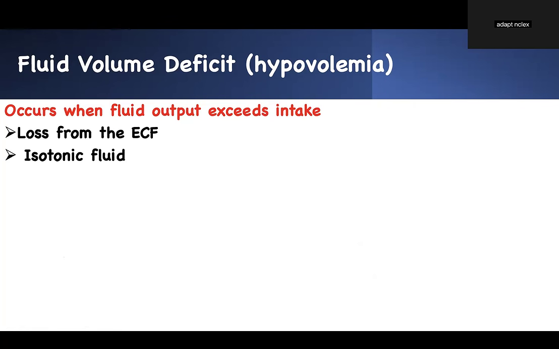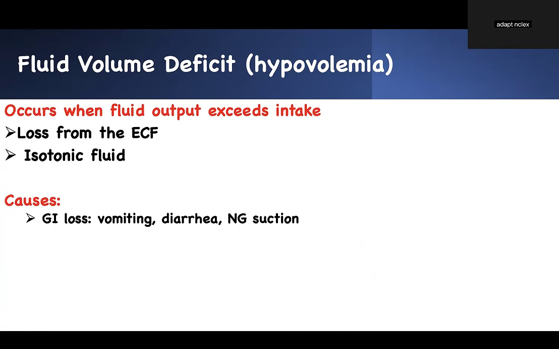So you're losing isotonic fluid, what we call isotonic dehydration. Sometimes they use those words to try to confuse you. But isotonic dehydration means you're losing water and salt at the same time. Now, what are the examples? Think about simple examples of conditions where you're going to lose a lot of fluid without taking in.